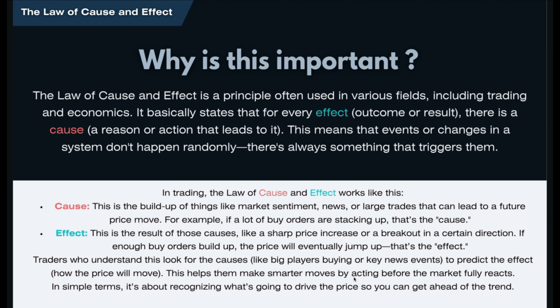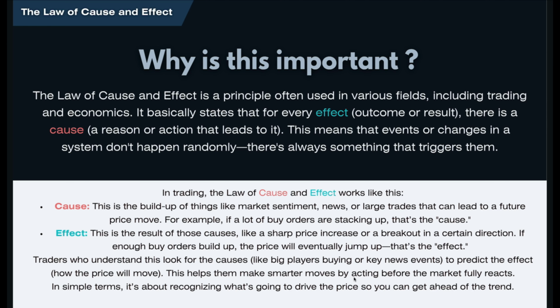In trading, the law of cause and effect works like this. Cause: this is the buildup of things like market sentiment, news, or large trades that can lead to a future price move. For example, if a lot of buy orders are stacking up, that's the cause. The effect is the result of those causes, like a sharp price increase or breakout in a certain direction.